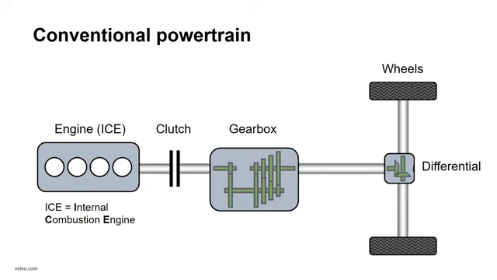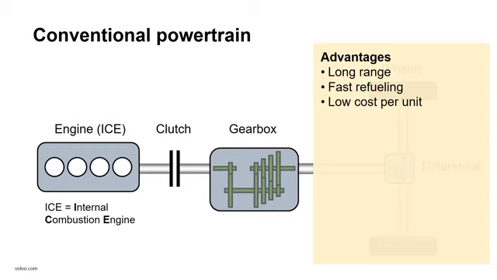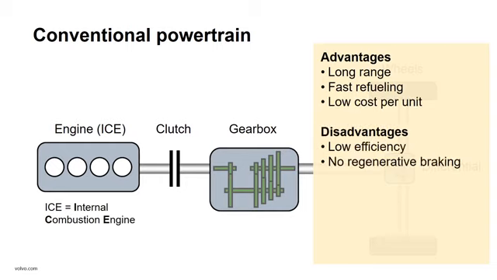Here you can see a schematic description of a conventional powertrain. As already mentioned, these are by far the most common, and we therefore refer to them as conventional powertrains. In general, there are some important classic advantages: long range, fast refueling, and low cost per unit of power. But as you probably know, there are some disadvantages too.